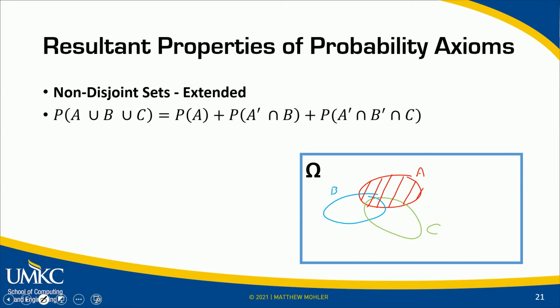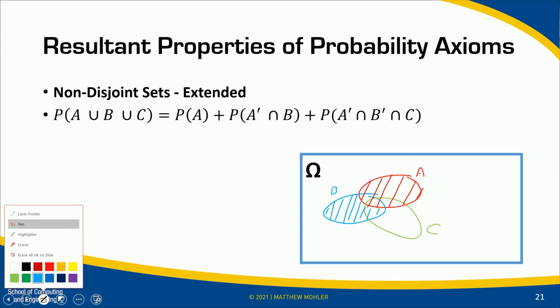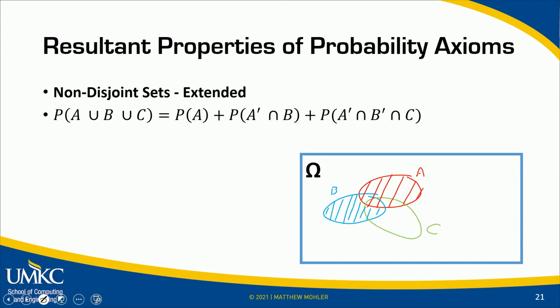We then look at the area that is not part of A, but is part of B. And then finally, we look at that part which is not part of A, not part of B, but is part of C. So this is, again, graphically pretty easy to understand. And we're going to really leave this one at graphics just for the simplicity of it.